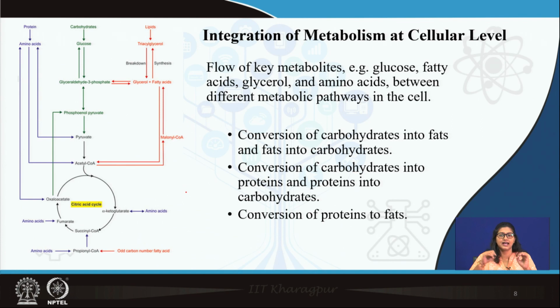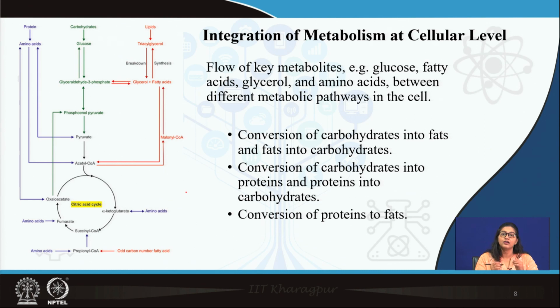Now, as I told you, all these anabolic and catabolic pathways are synergistic, occurring in a single cell at the same time. Definitely there is interrelation or interconversion from one biomolecule to another.